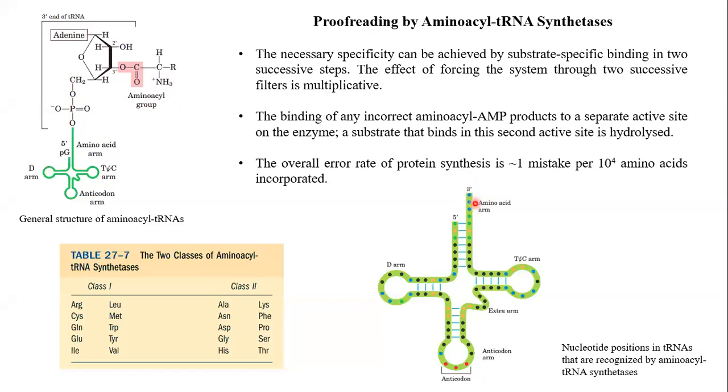You can see this CCA position, so it is common for all transfer RNAs. So they will not take part in specificity, but the orange and green dots, the nucleotides, and of course the anticodon, which is different in each transfer RNA, give a uniqueness to the transfer RNA and bind specifically to the enzyme. Okay, that's how the enzyme recognizes a particular transfer RNA and adds only the correct amino acid.